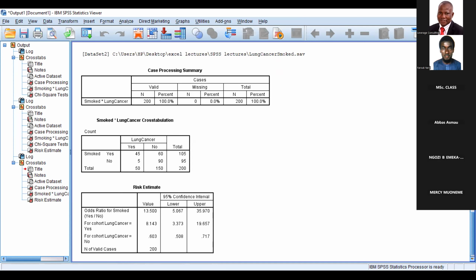You can answer. Is it significant or not? Answer now. It is, sir. Yeah, it is. Why? So you said the odds ratio is significant.